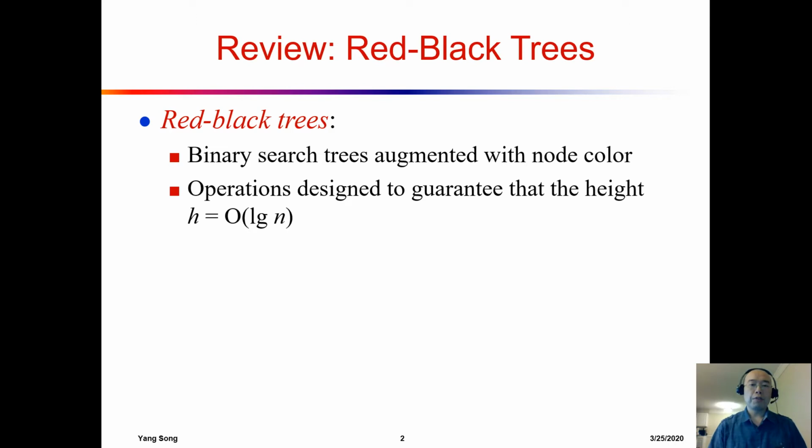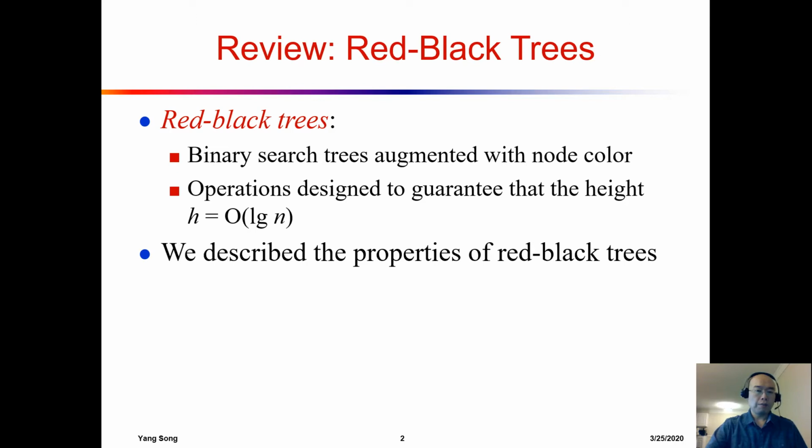The operations are designed to guarantee that the height will be O(log n), which is a big plus. Remember, the worst thing about a binary search tree is that if it is super imbalanced, it always goes on one side, and then a search could be O(n). We don't want that. We want a tree with height O(log n), and this is the best tree we can deal with.